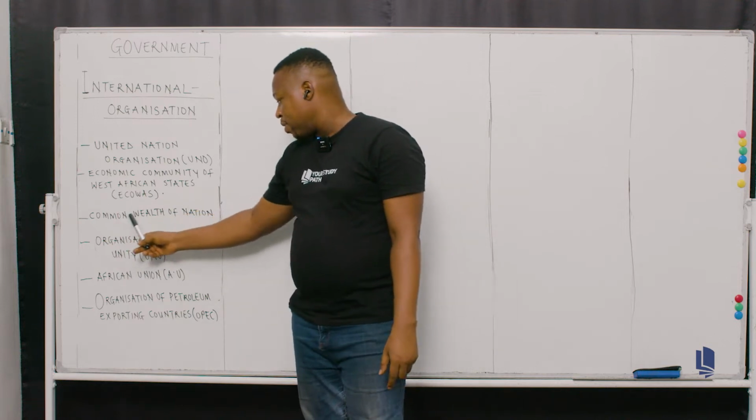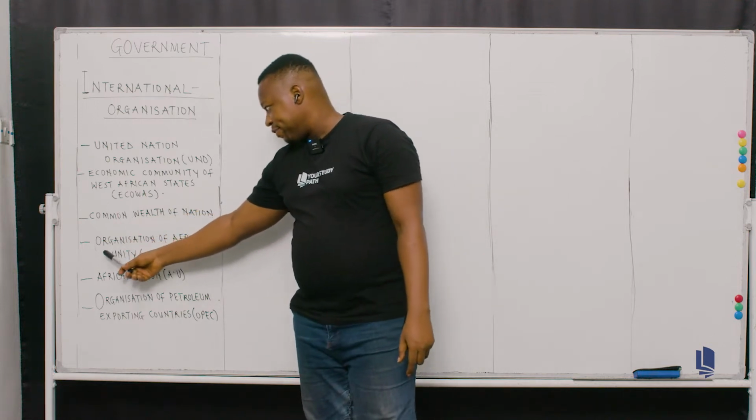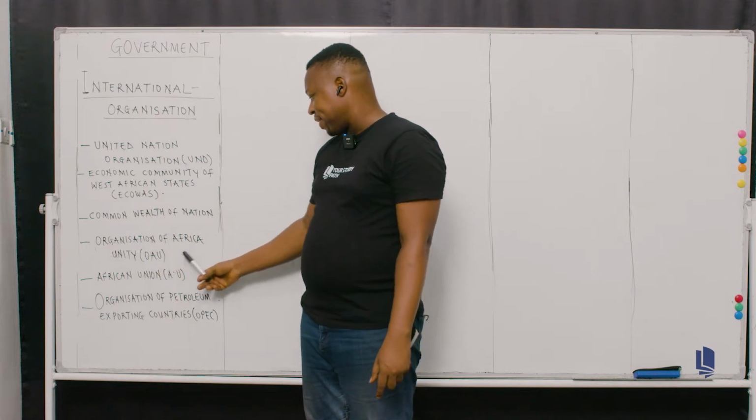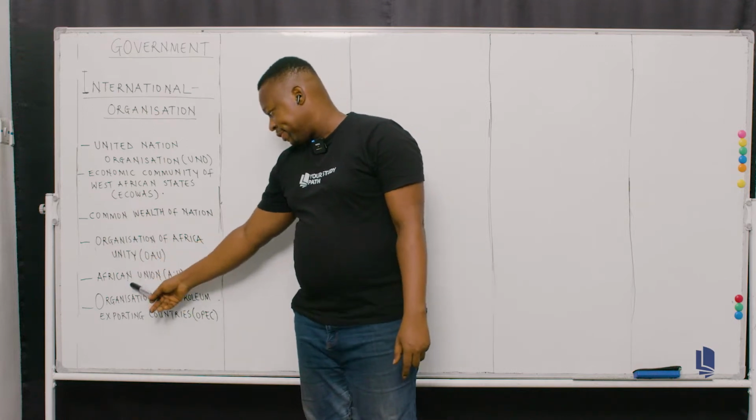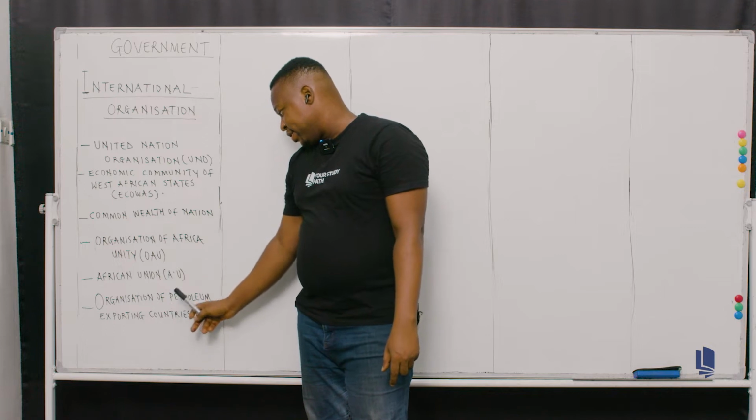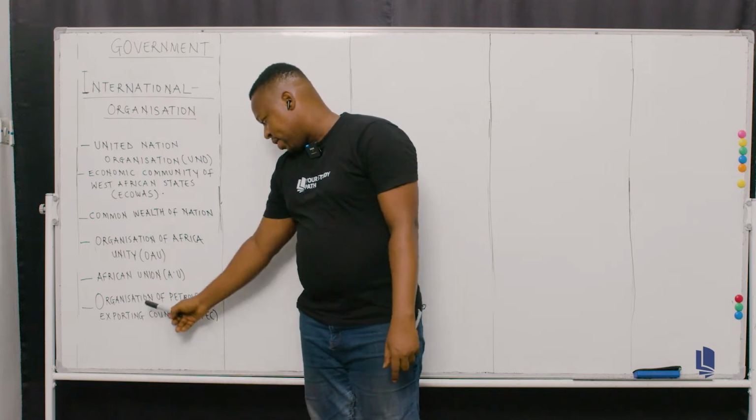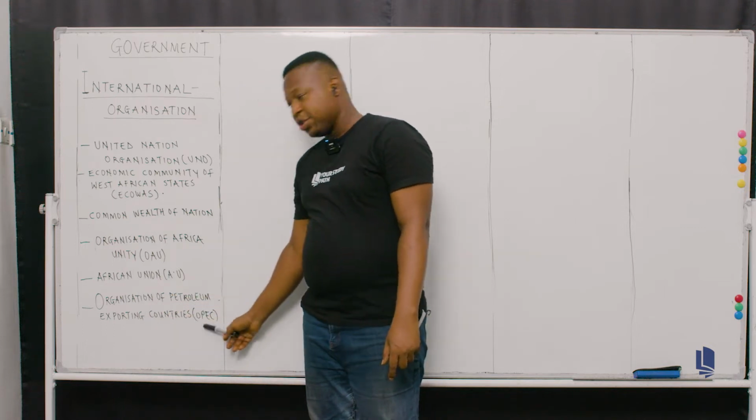The third, we have Commonwealth of Nations. The fourth one, Organization of African Unity. The fifth one, African Union. And the last one, Organization of Petroleum Exporting Countries, which is what?